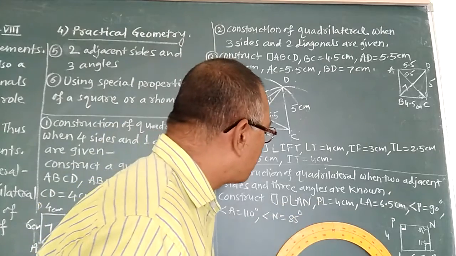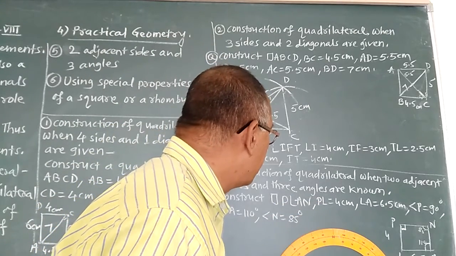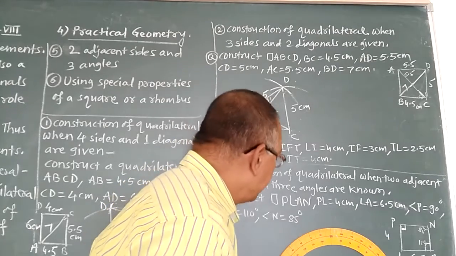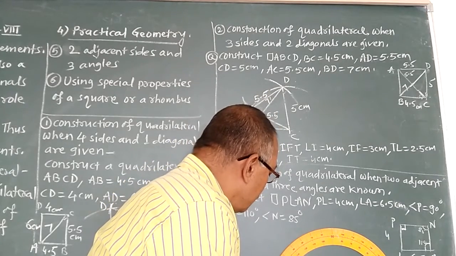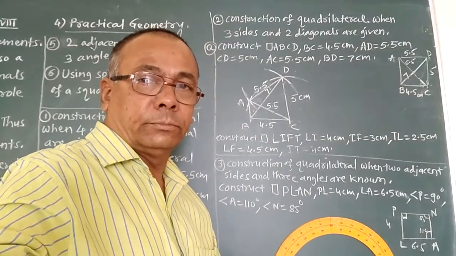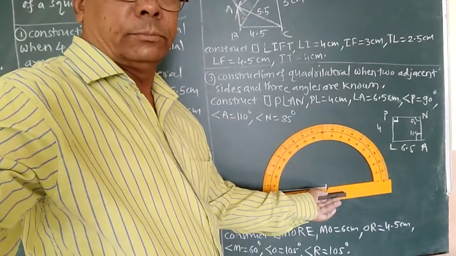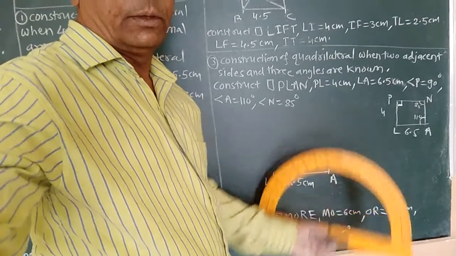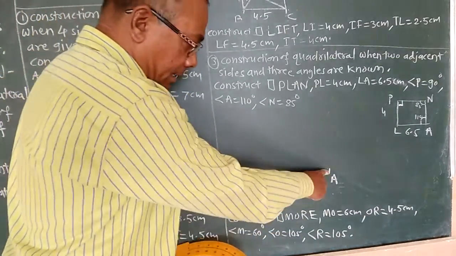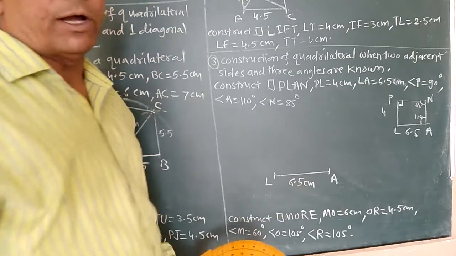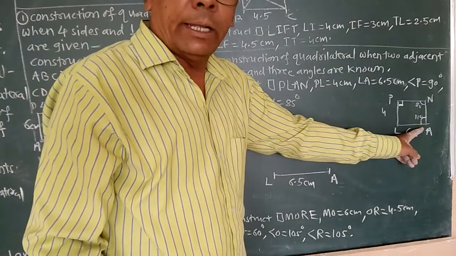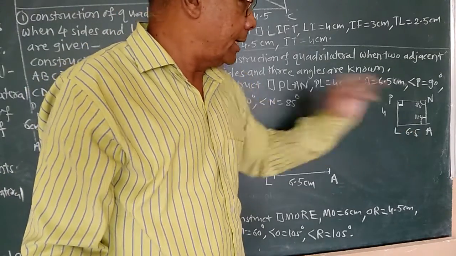So I will put the protractor on point A, and now constructing 110 degree. Here I have taken side LA of length 6.5 centimeter, and here angle A is equal to 110.